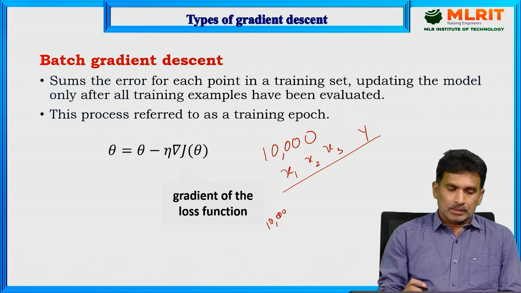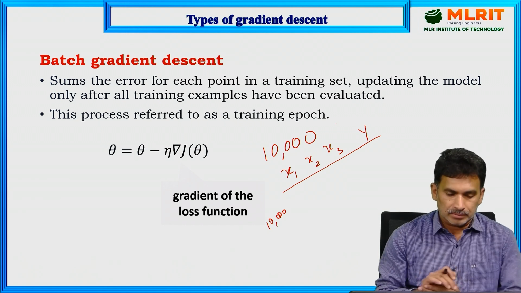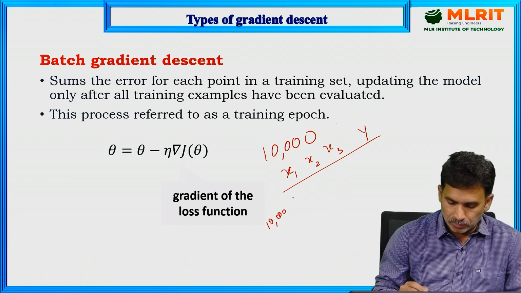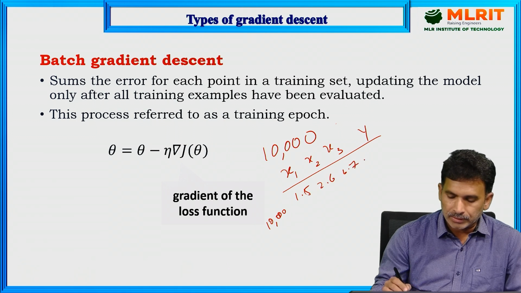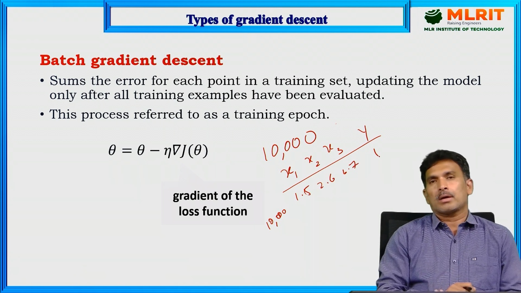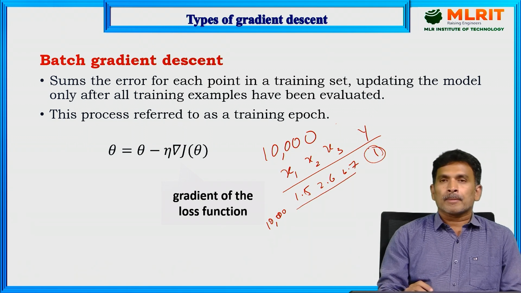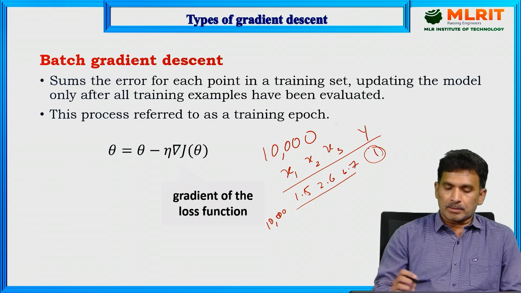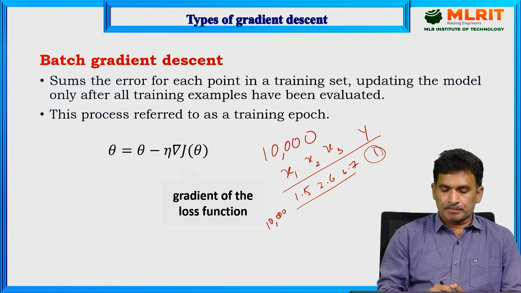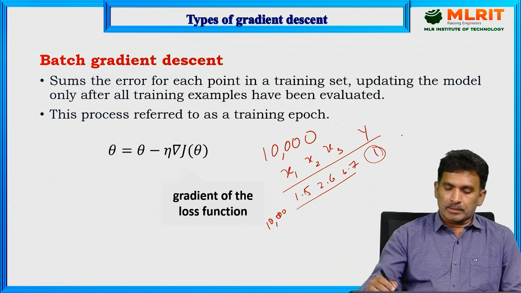Now by using batch gradient descent, each point, let us say 1.5, 2.6 and 6.7, has an output. We train the model and find the error by comparing with the actual output, and then the error would be recorded.